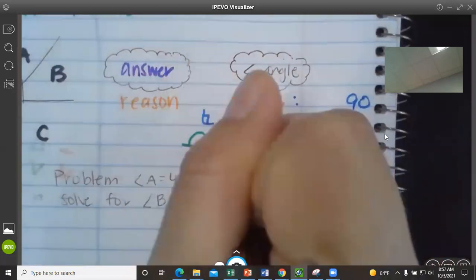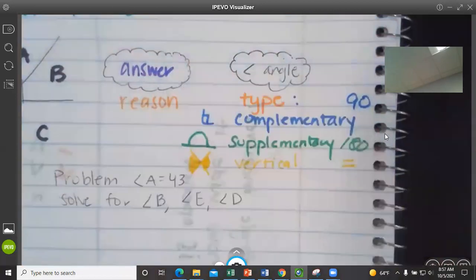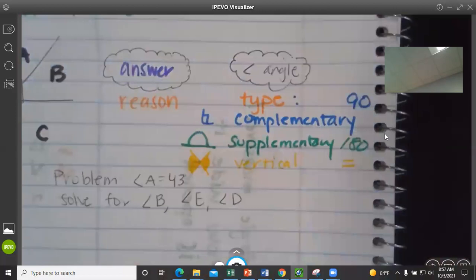E and D. So you have to have a cloud for each one of those. You have to have at least 4 clouds. You didn't have to solve for C. A, B, E, and D. Okay, can I move this up? Did everyone copy so far?